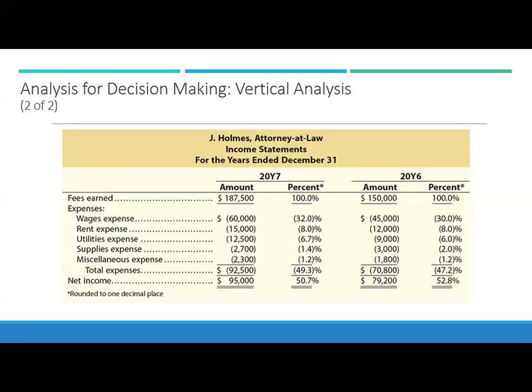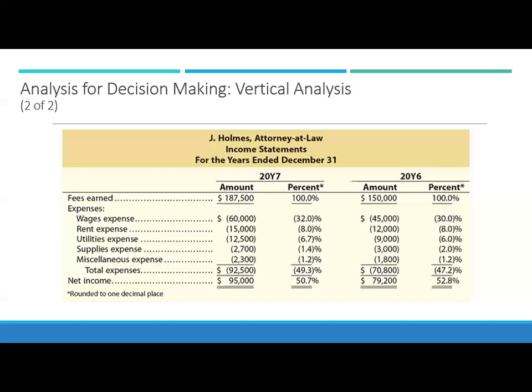We looked at this example in a previous week where revenue increased by almost like 30% from 150 to 187,000. But this allows us to compare the margins and what contributed to the expenses for the year. So this is 2026, this is 2027.